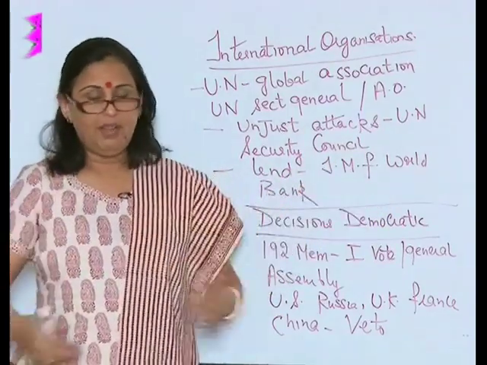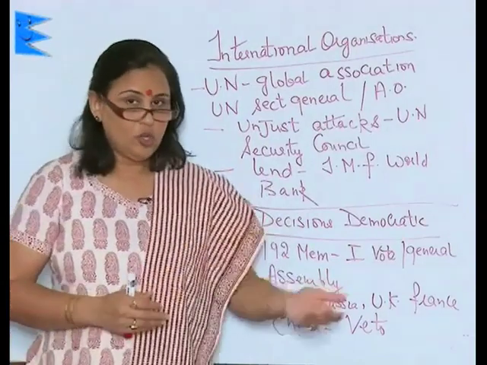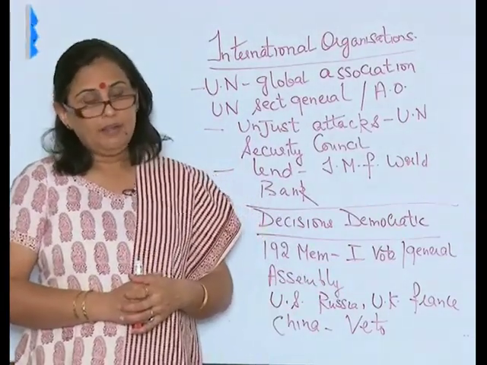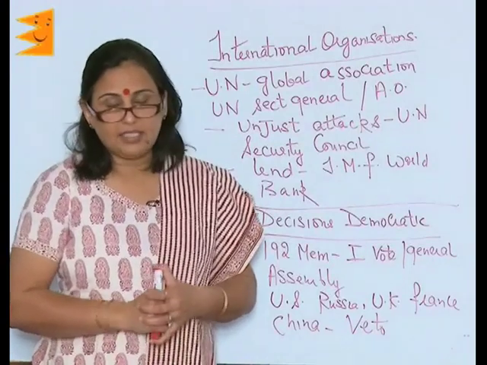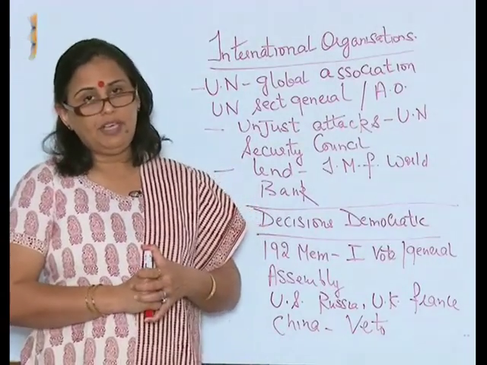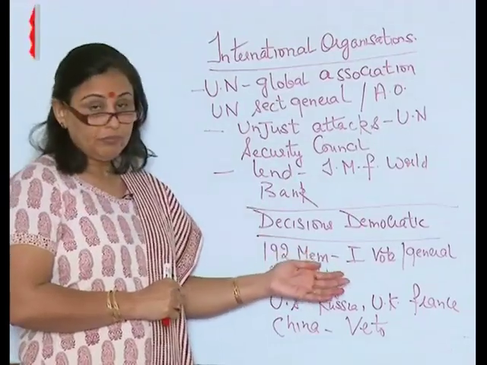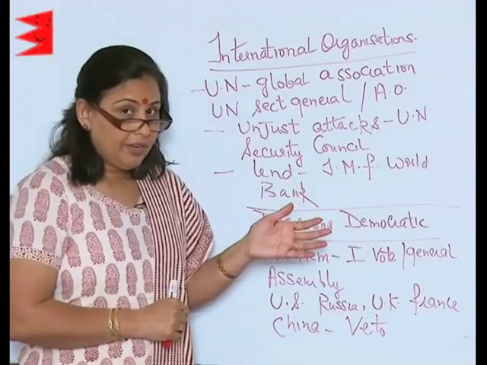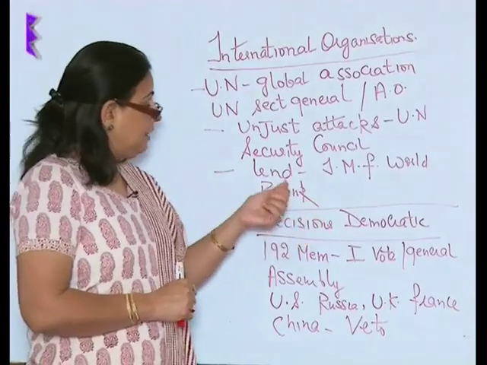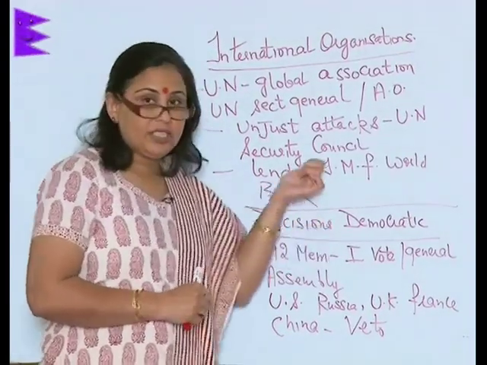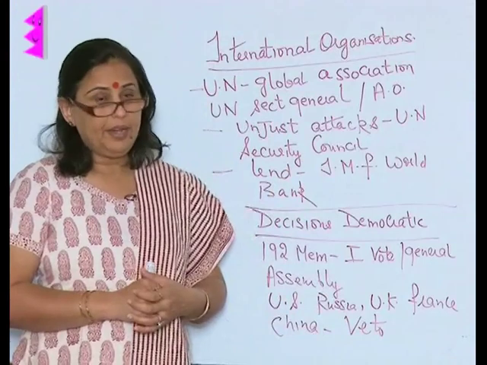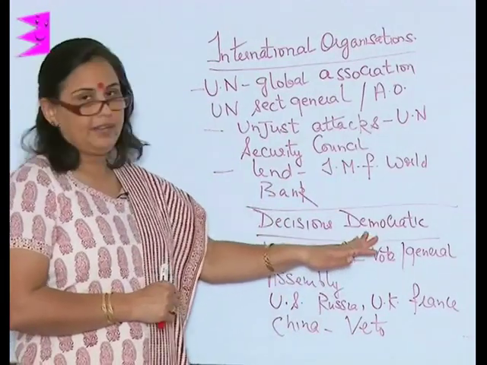The UN is very powerful, it's a very just organization, and it is trying its best to solve the problems of the world. But we have to ponder and understand whether all the decisions taken by the UN are democratic.